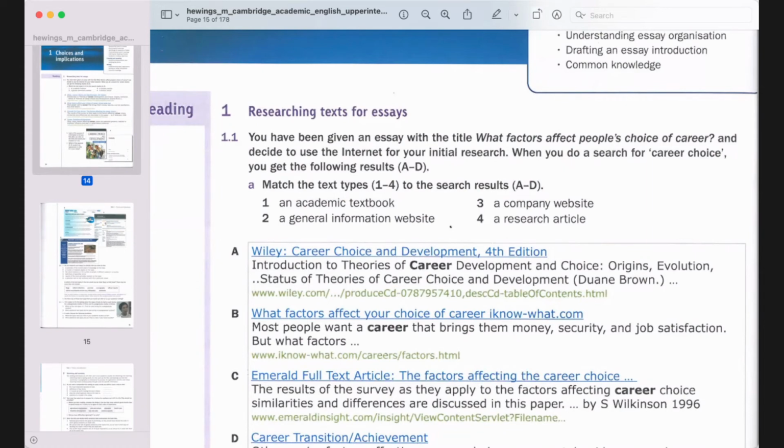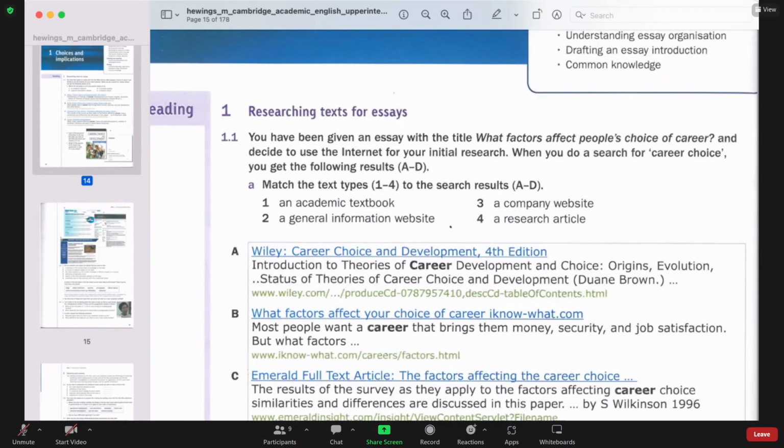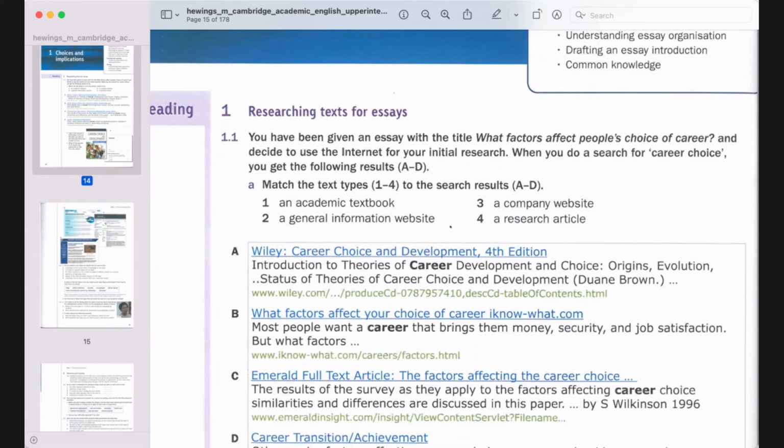And imagine the situation that you have to write down an essay with the title, What Factors Affect People's Choice of Career? And you are proposed 4 types of information where you can get the information.